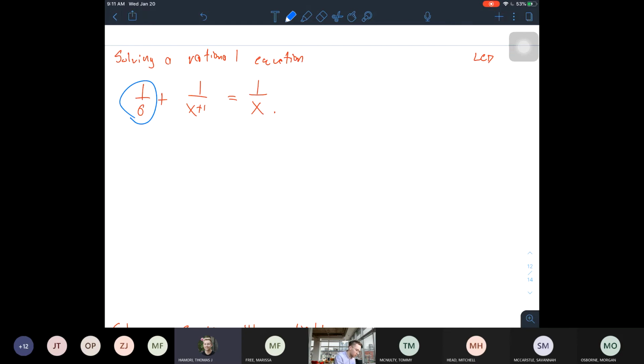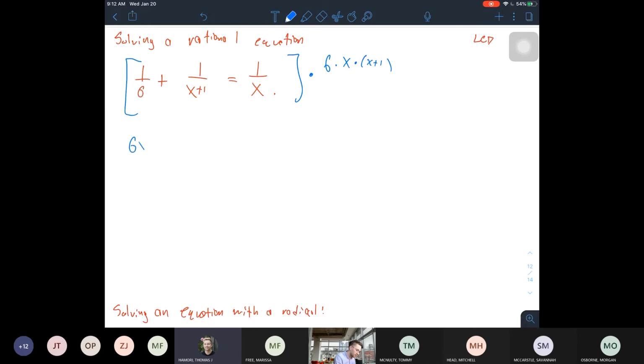So what we're going to do is multiply the entire thing. So I'm going to multiply both sides times the least common denominator, which is going to be 6 times x times x plus 1. And what we get is 6x(x+1) divided by 6 plus 6x(x+1) divided by x+1 equals 6x(x+1) divided by x.